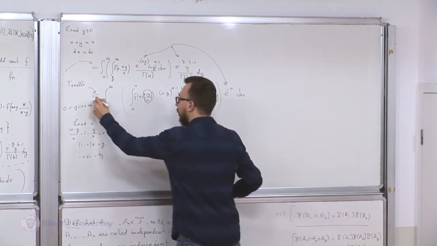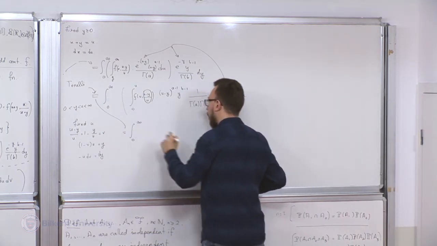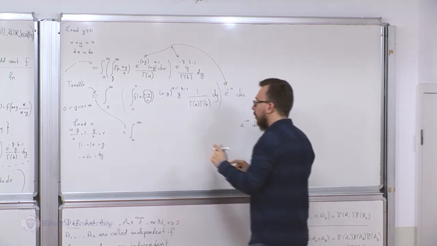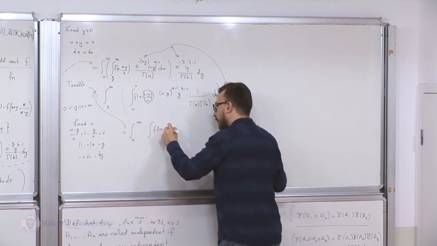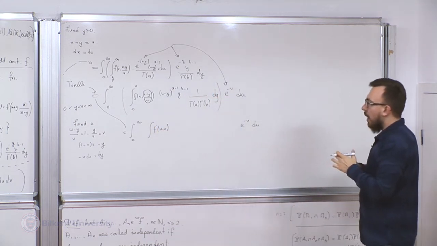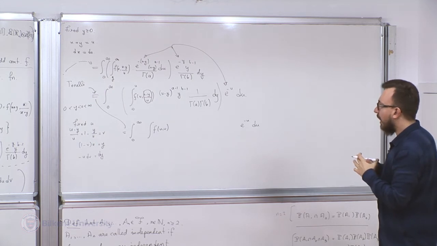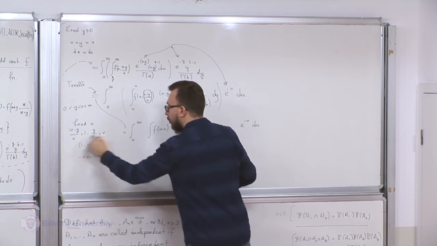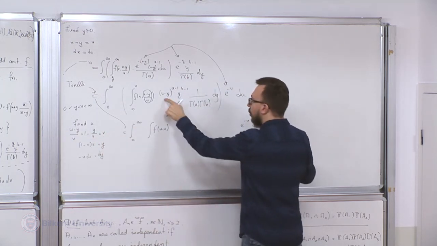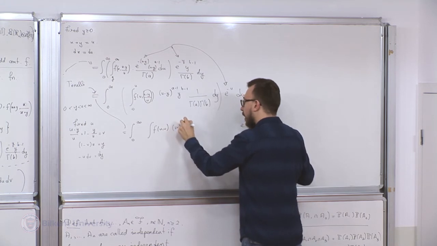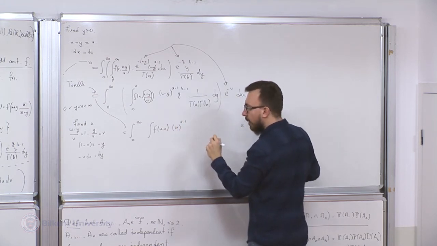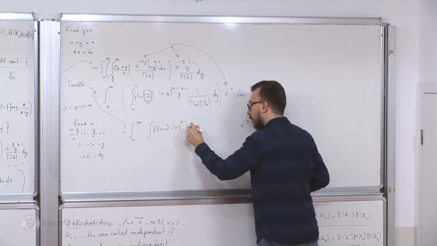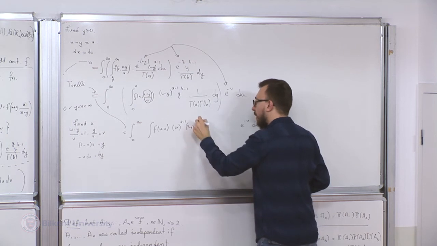So let's continue here, okay? Okay, so now f of uv, and u minus y is just u times v, right? u minus y is u times v. So (u times v) to the a minus 1. And y is just (1 minus v) times u, to the b minus 1.